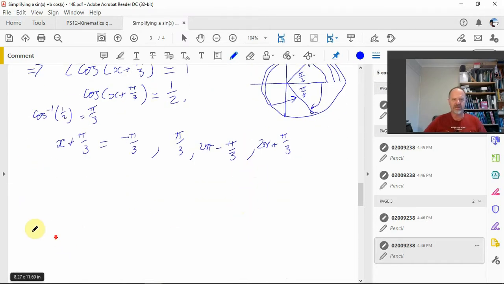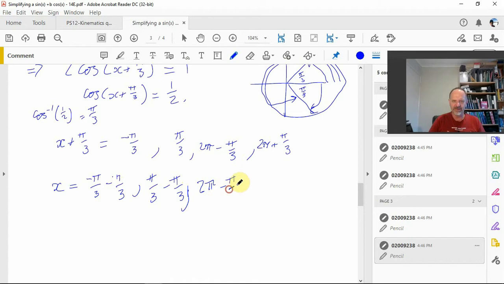So with this here, now I need to subtract pi on 3 from everything. Comma, 2 pi minus pi on 3 minus another pi on 3, and 2 pi plus pi on 3 minus pi on 3.